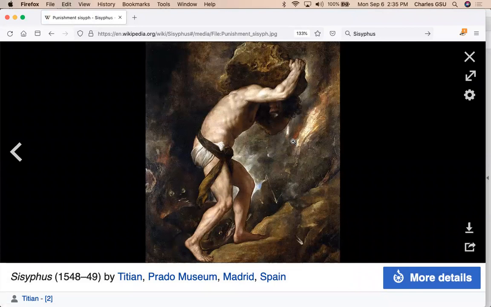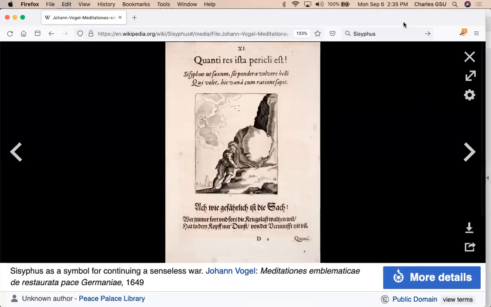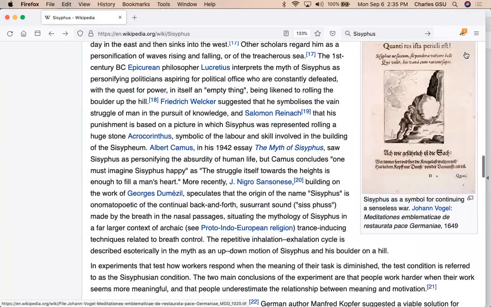But every time he would get close to the summit or the top, the boulder would slip, or he would slip, and it would roll back down, so he'd have to start again. And so it was this never-ending, lifelong process of torture, basically, right?